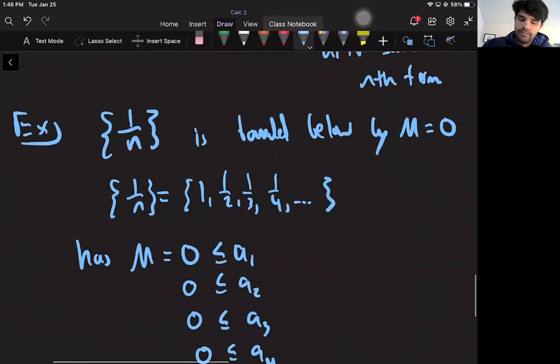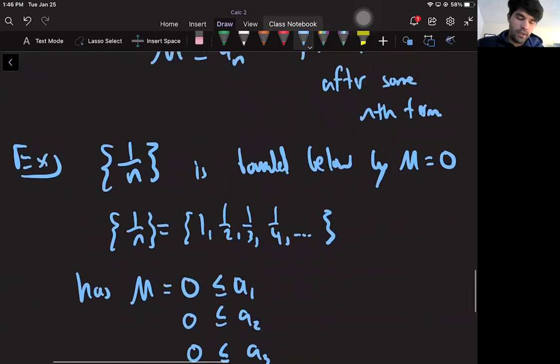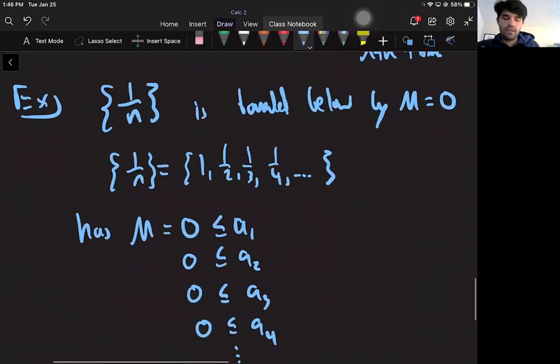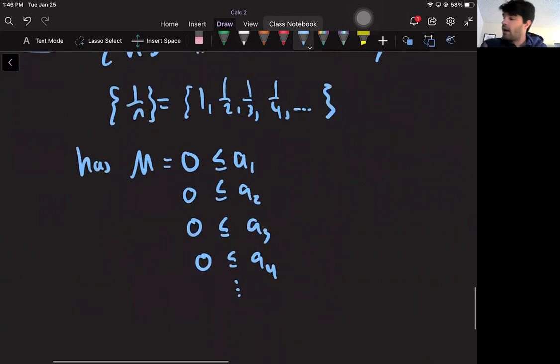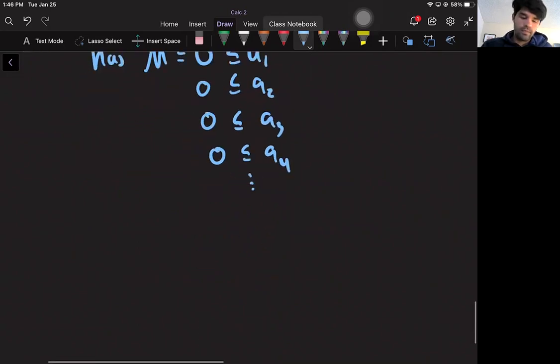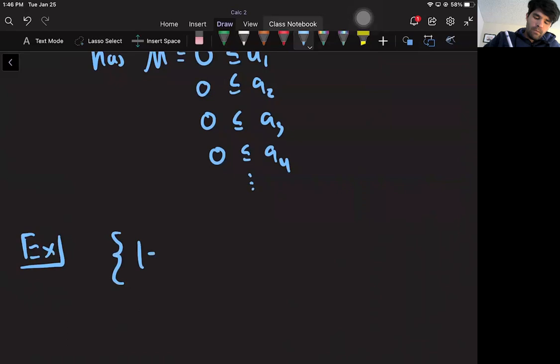So that's nice. Having a bounded sequence is going to mean having both of these at the same time, and that's going to be extra nice when that happens. Just a couple more examples. Something like this is bounded.